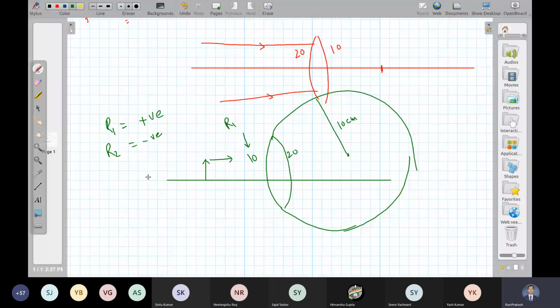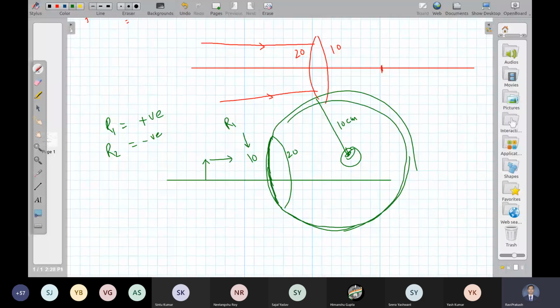See, the convention is quite clear. Where do you have this center? If on the right side, positive. If on the left side, negative. So this surface is obtained from this sphere, and the center of this sphere is, sorry, not here, here.